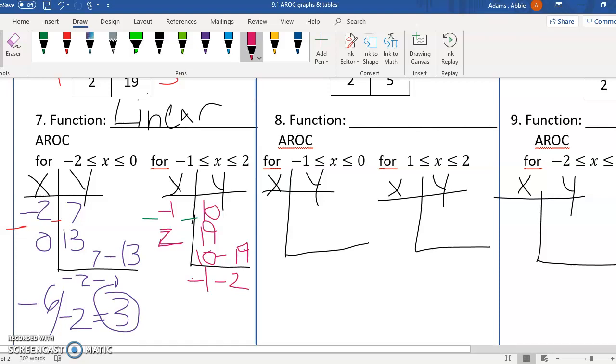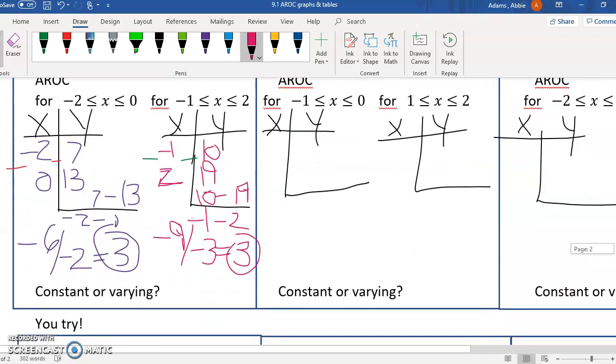And let's simplify. 10 minus 19 is -9. Divided by -1 minus 2, which is -3. And that reduces to 3. Negative divided by negative is a positive. And 9 divided by 3 is 3. Noticing that the average rate of change for our intervals are the same because 3 equals 3. That makes this function have a constant average rate of change.